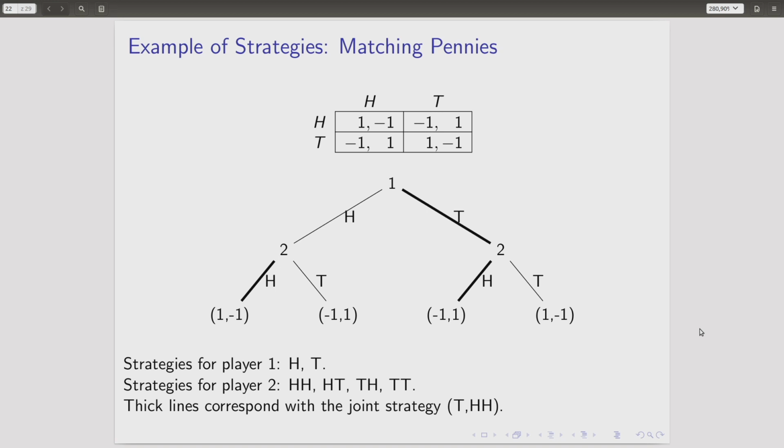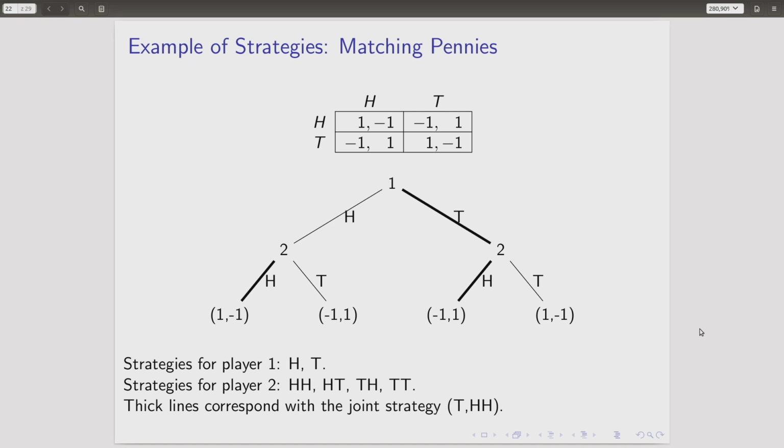The strange thing is that now player 2 has more strategies than before. Now, how is this possible? Well, because we simply follow the definition. If player 1 begins, he has only two options, head or tail. But what was the definition of a strategy for a given player?